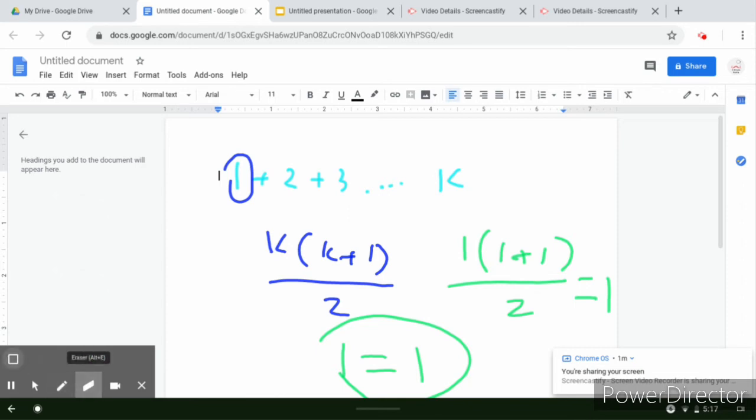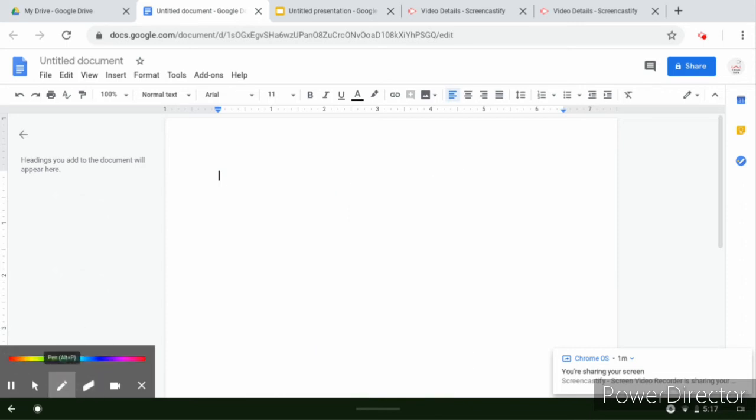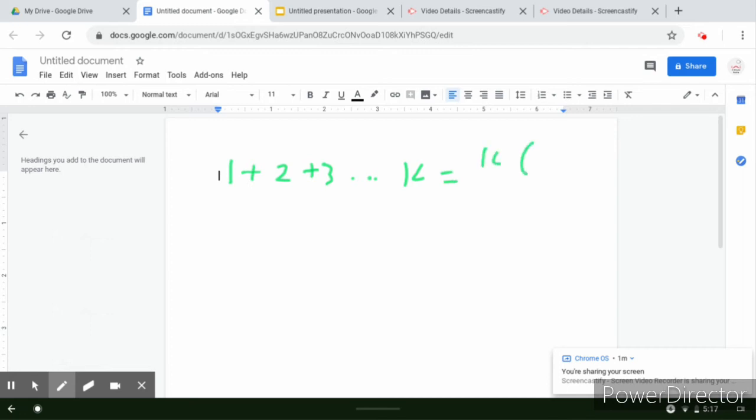Let me clear everything here. Now we're going to assume that 1 plus 2 plus 3 all the way to k equals k times k plus 1 over 2.